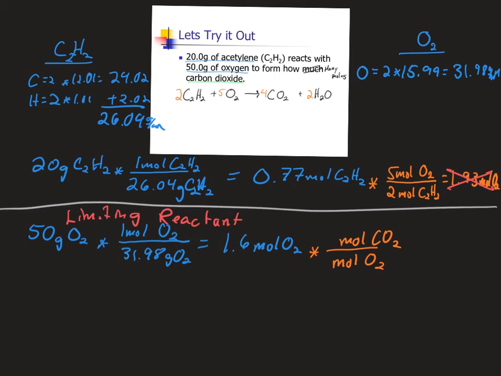And therefore, that's the one we have to use to go forward in getting my answer. And with that, I can see, using my molar ratio, my 1.6 times 4, divided by 5, I'm going to get about 1.3 moles of carbon dioxide.